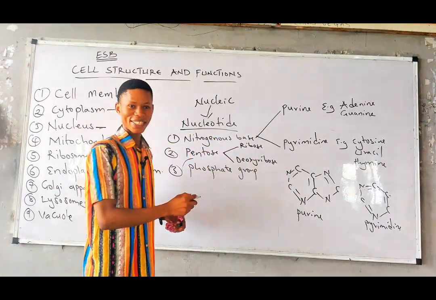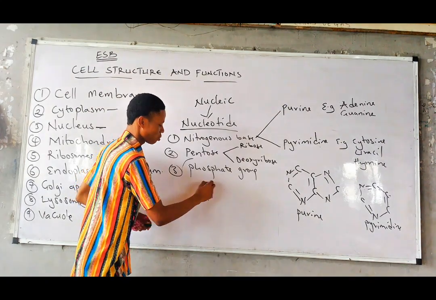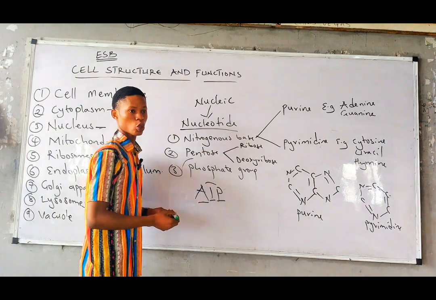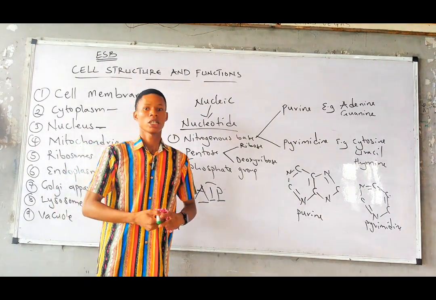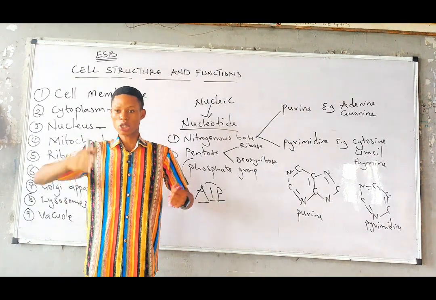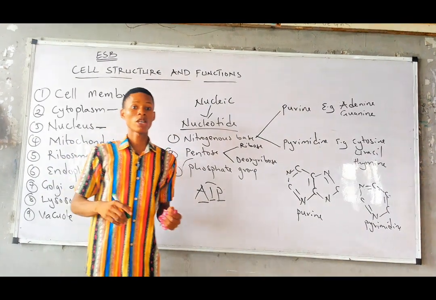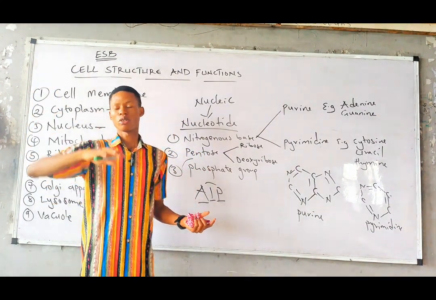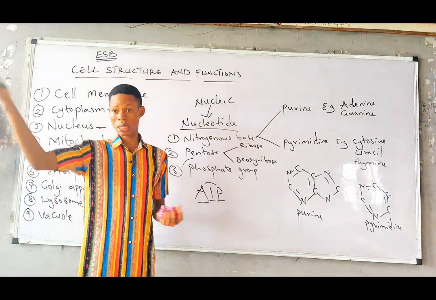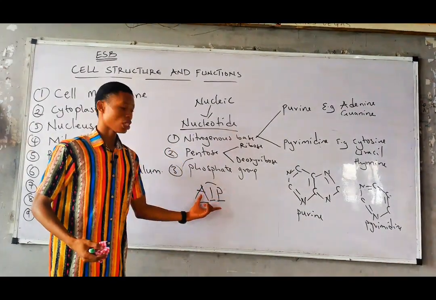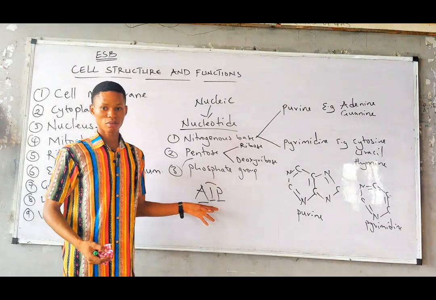ATP, adenosine triphosphate. This is the energy currency of the cell. This is what the cell recognizes as the source of energy. There are other ones too, but this is what the body recognizes. Just like if dollars come to Nigeria, we still recognize it as money, but what we recognize as our own currency is Naira. So this is the energy currency of the cell, ATP.